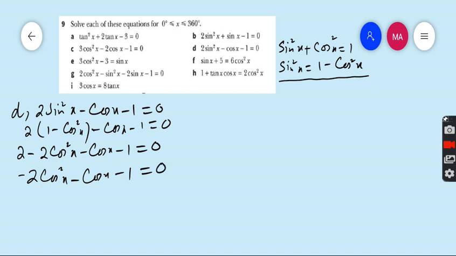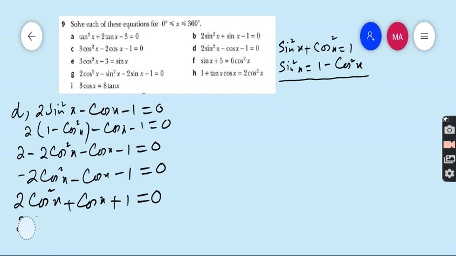In order to make the first term positive, multiply the whole equation by minus 1. So it will be plus 2 cos square x, plus cos x, minus 1 is equal to 0. Now this is the perfect quadratic equation.